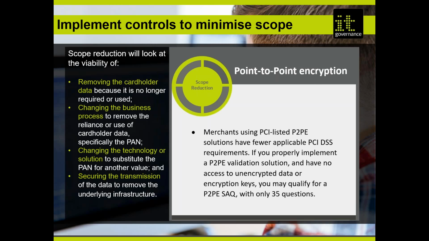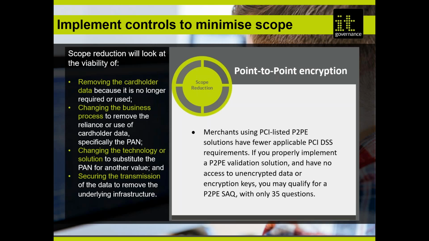And by using P2PE, card data is made unreadable until it reaches the secure decryption environment, which makes it less valuable if the data is stolen while it's transmitting across your environment. So if the merchant doesn't have the ability to decrypt the data, nor any access to the encryption keys, they don't have any access to customers' card data, which means they're out of scope for those elements it's transmitting through.